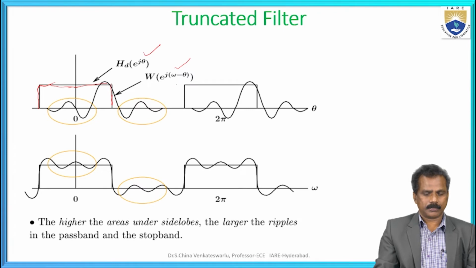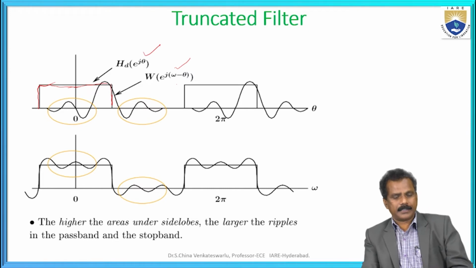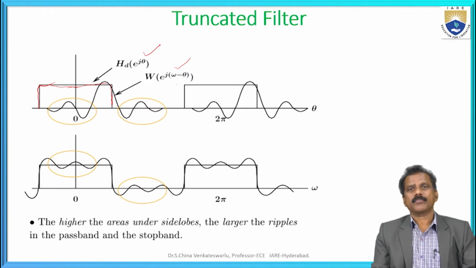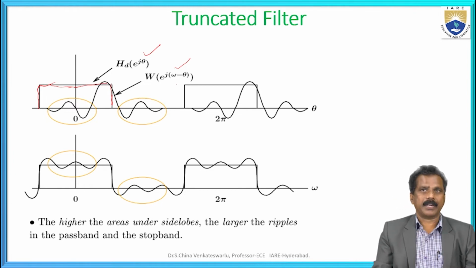Now here it is truncated. The higher the area under the side lobes, the larger the ripples in the pass band and the stop band. You can observe that using the side lobe magnitude.